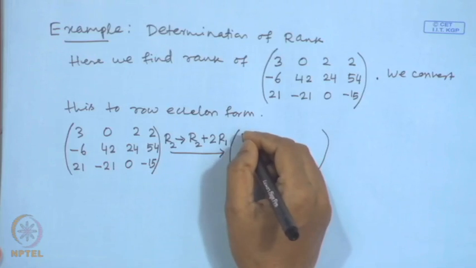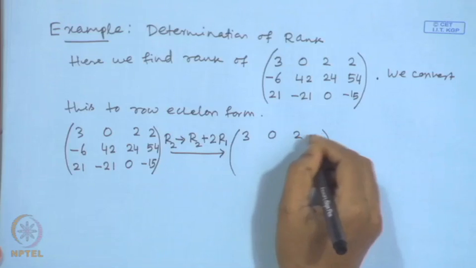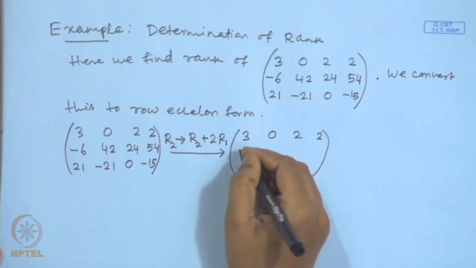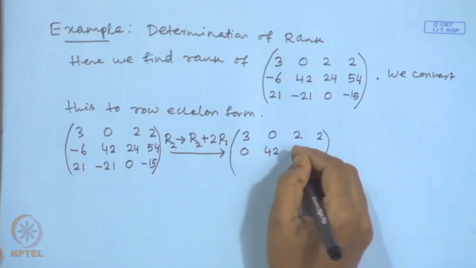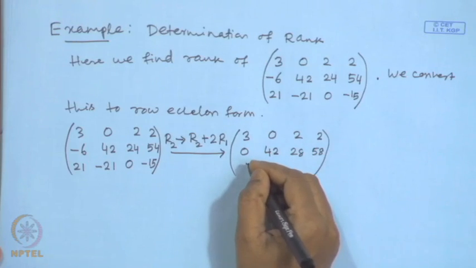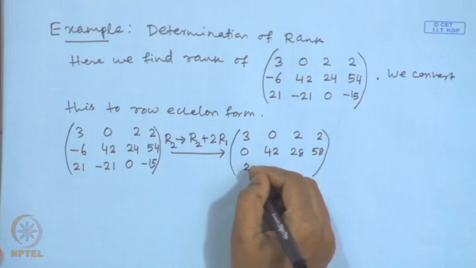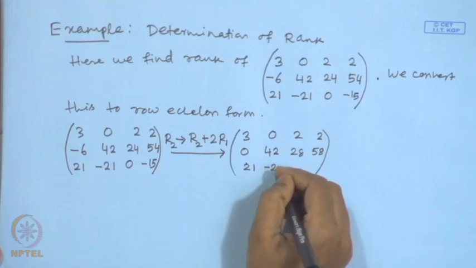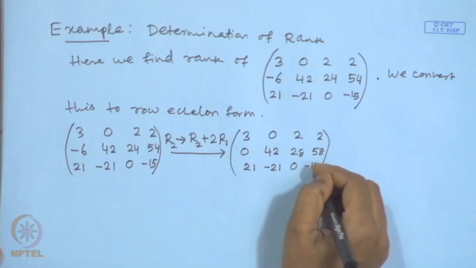So, we get this matrix 3 0 2 2, 0 42 28 58, and the third row is as it is, that is 21 minus 21 0 minus 15.